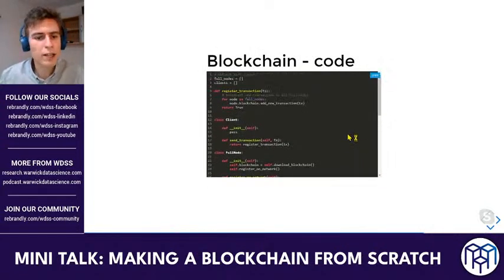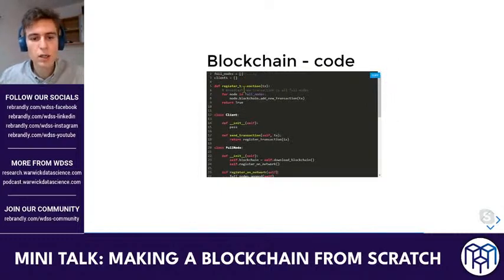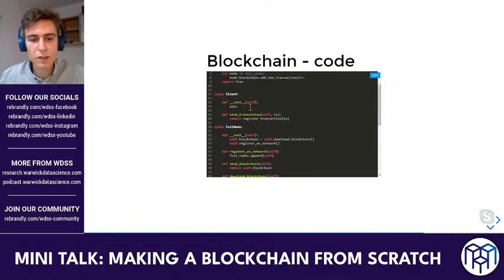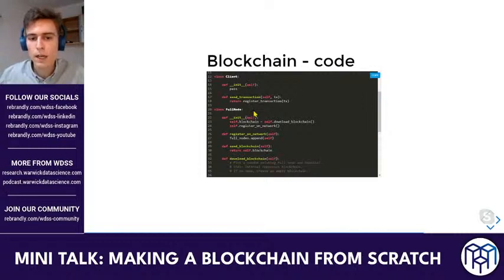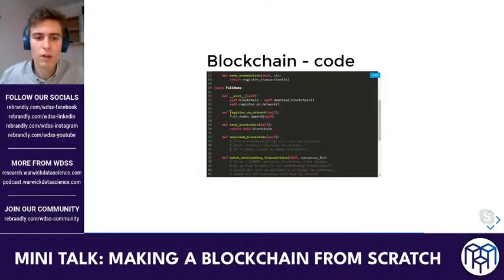So with this rough structure, let's look a bit at the network components. We have full nodes, we have clients, and what can they do? Well, clients can only send transactions. At least in my case, that's the only feature I want them to have.